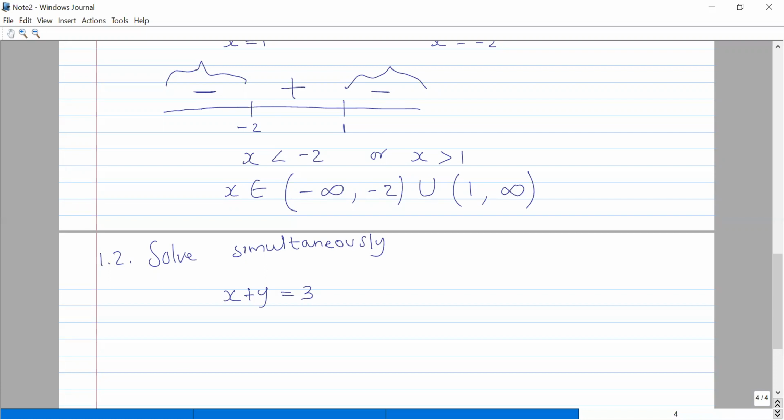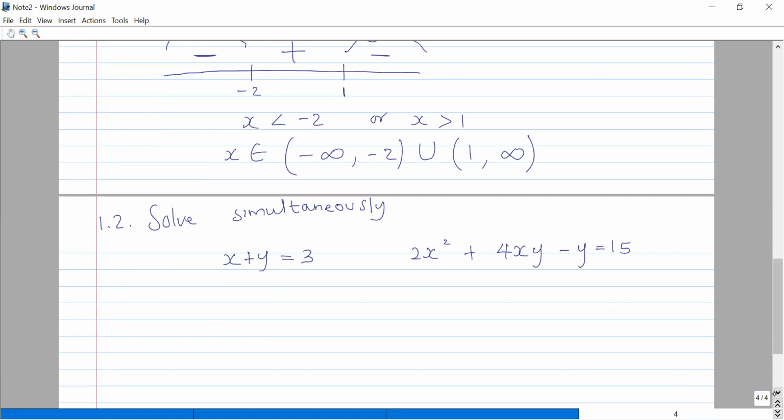For the second one, we have 2x squared plus 4xy minus y is equal to 15. So we have these two.